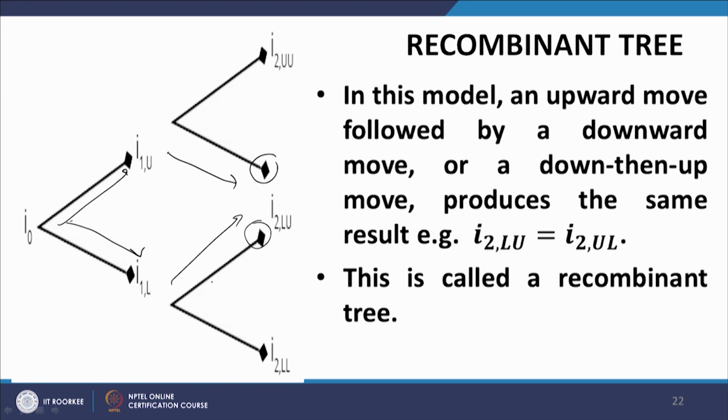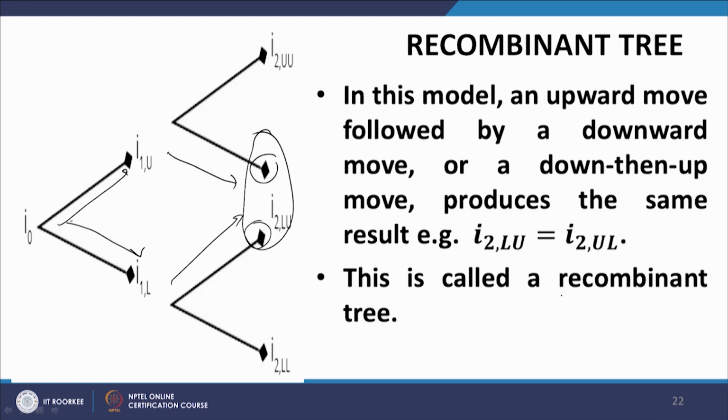In the case of a recombinant tree, these two nodes coincide. In other words, what we have is I2LU, for example, in this particular tree, I2LU is equal to I2UL, and this holds for further periods also, I3, I4, I5, and so on, for future time periods as well.